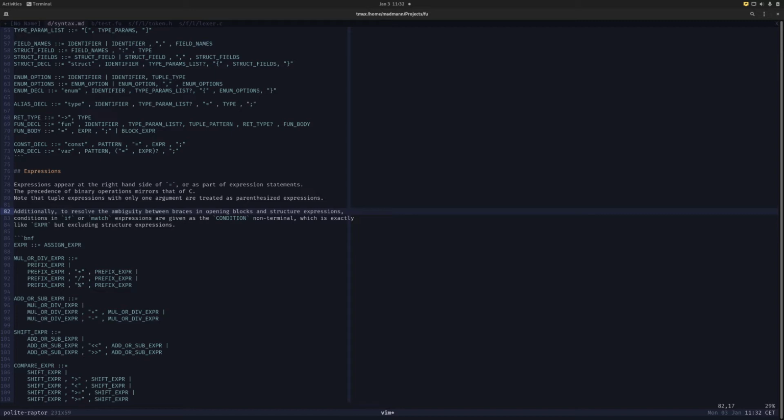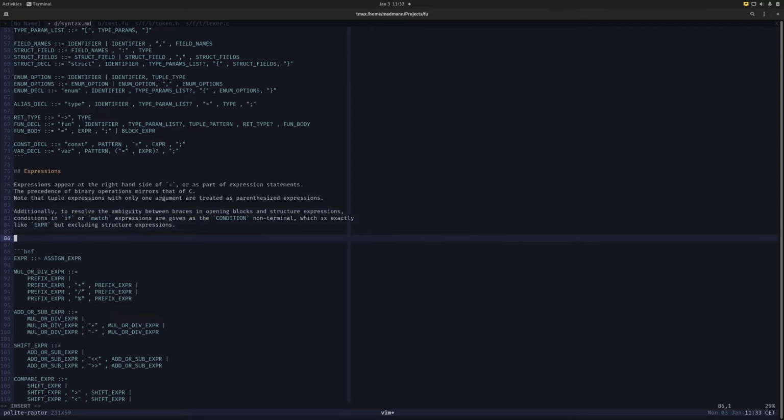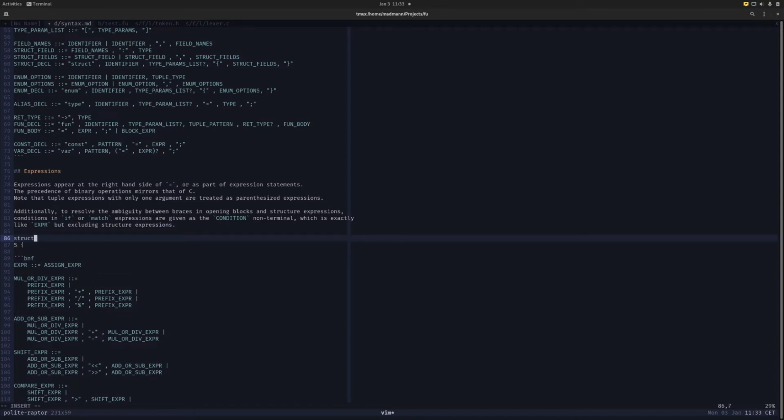And finally, there's an ambiguity here in this grammar that's important to mention. When you declare a structure, if you have a structure called S, declared somewhere like struct S, A is equal to I32, then you can declare a structure object by saying it's a variable called X which contains a structure S with field A is equal to 1.